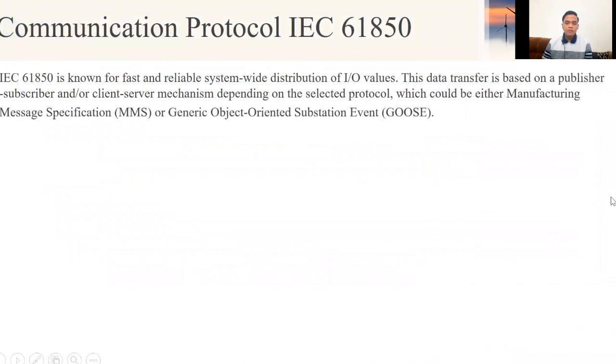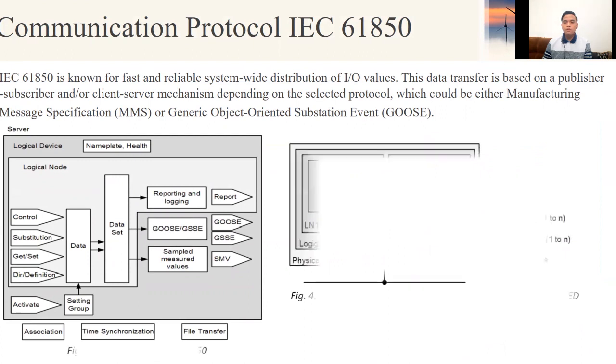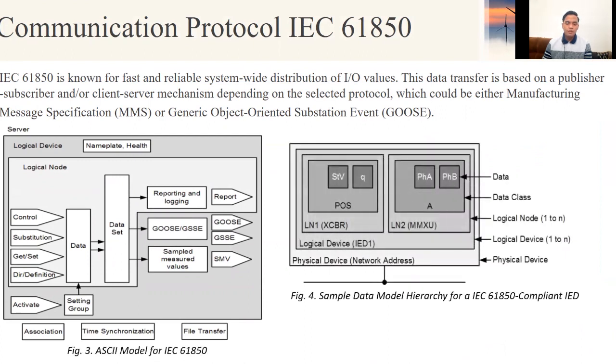Next is the communication protocol, IEC 61850. IEC 61850 is known for fast and reliable system-wide distribution of IED values. This data transfer is based on a publisher-subscriber and or client-server mechanism depending on the selected protocol, which could be either Manufacturing Message Specification or Generic Object-Oriented Substation Event.